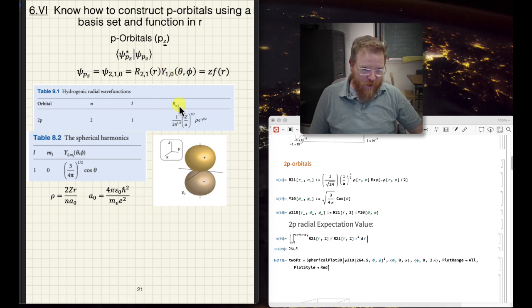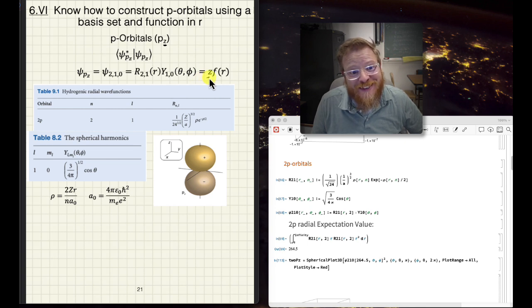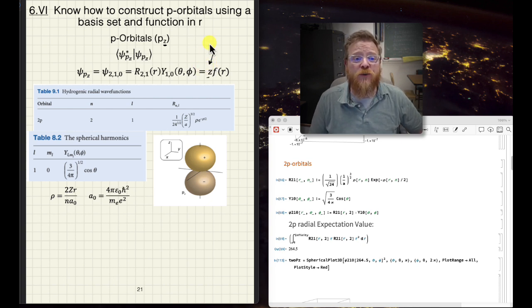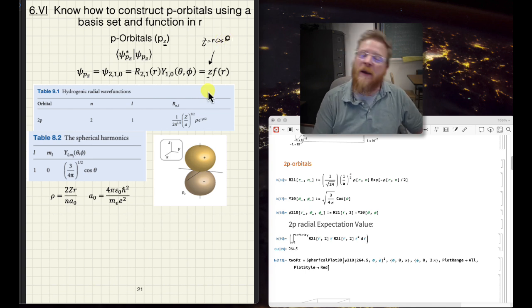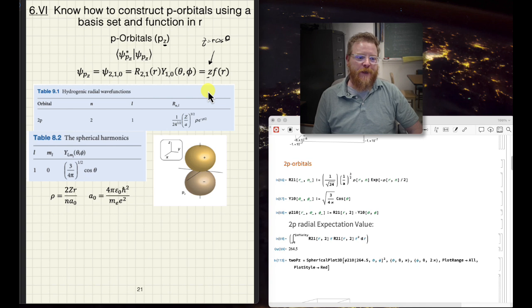And as we build this up, we will see that this actually equals z times some function in r, where that z comes from our coordinate transformation, z equals r cosine theta. So going from the spherical coordinate back to the Cartesian coordinate.